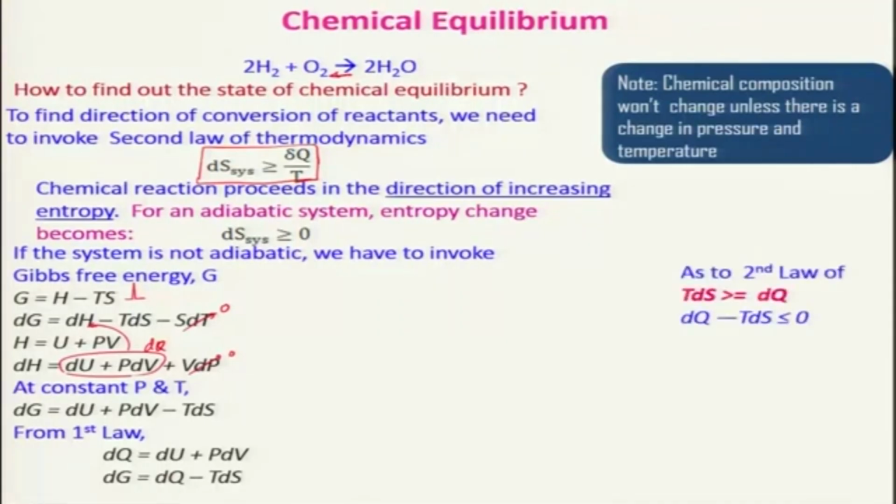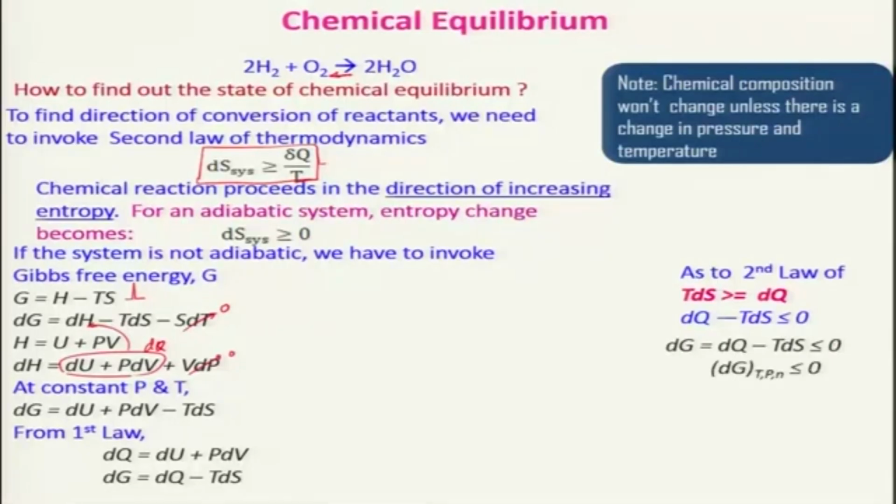And keep in mind that as per the second law of thermodynamics, we know that TdS is greater than or equal to dq, so dq minus TdS is less than or equal to 0. So then we can say that dG equals dq minus TdS is less than or equal to 0. What is the meaning of that?